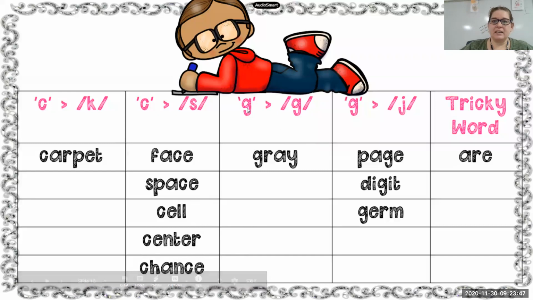We have the G with the G sound like in gray. We have G with the J sound like page, digit, and germ. And our tricky word for this week is the word are.